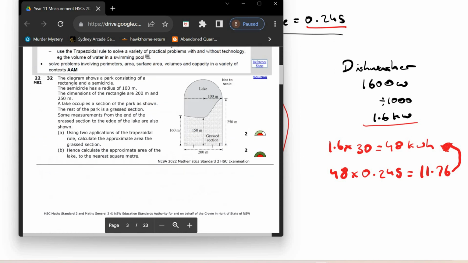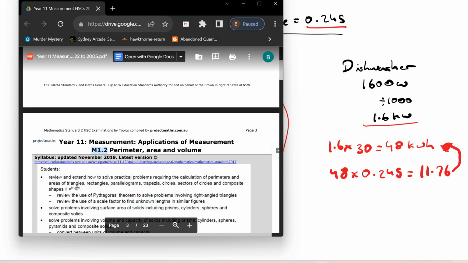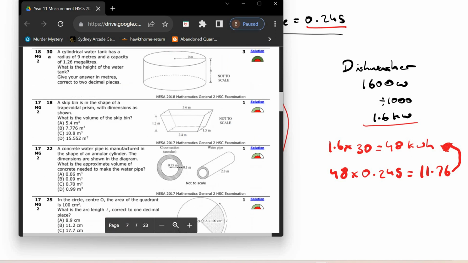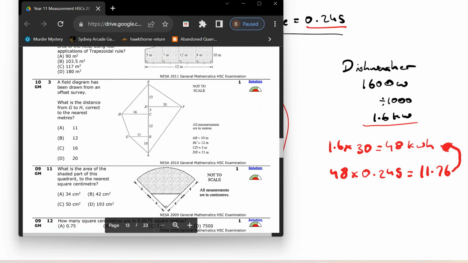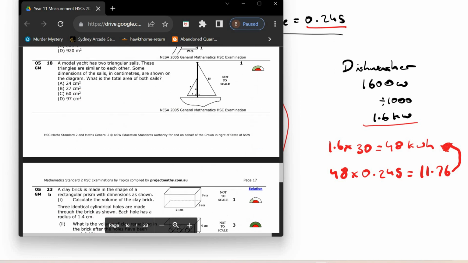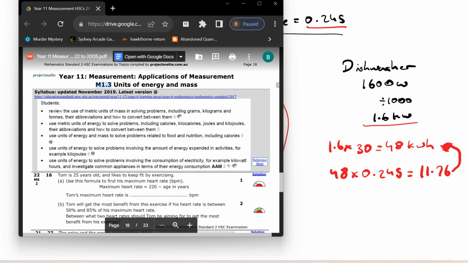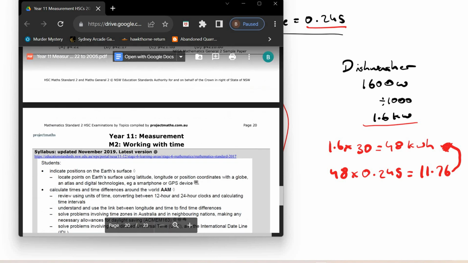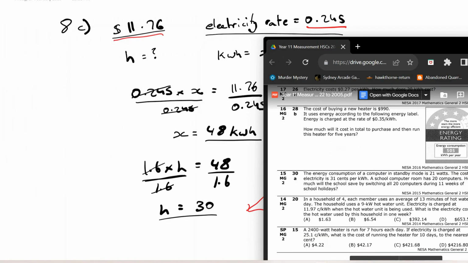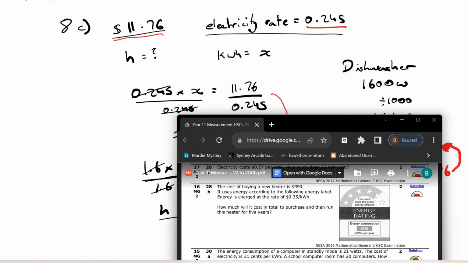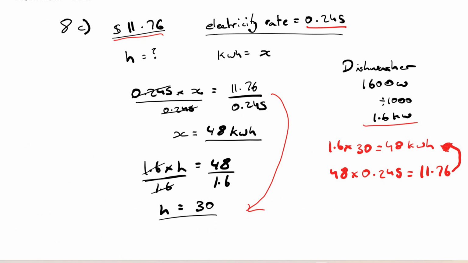So we scroll down, this is M1.2, so we don't need that, so keep going. Then we get to M1.3, and we're going to do question 15, 20, and then 30. I might just do 2 questions, actually, depending on how the time goes.